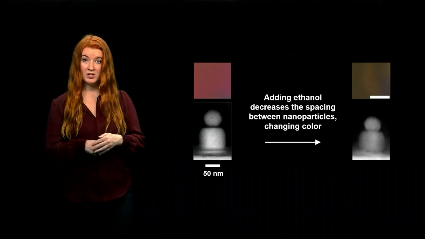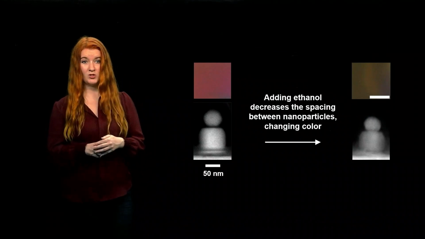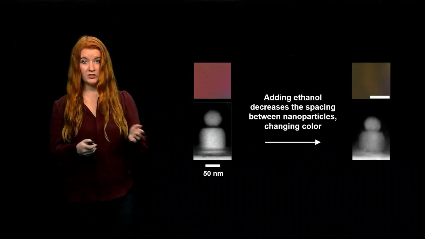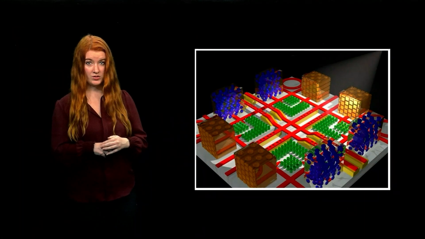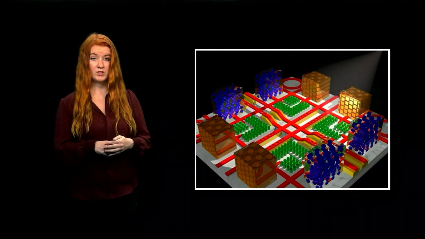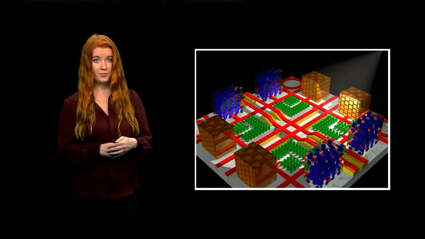The chemical responsivity of the DNA shell can also be exploited to dynamically tune the optical properties of these assemblies. Ultimately, colloidal crystals could be used to permit the development of nanoscale devices integral to photonic integrated circuits, or computers that use light instead of electricity.